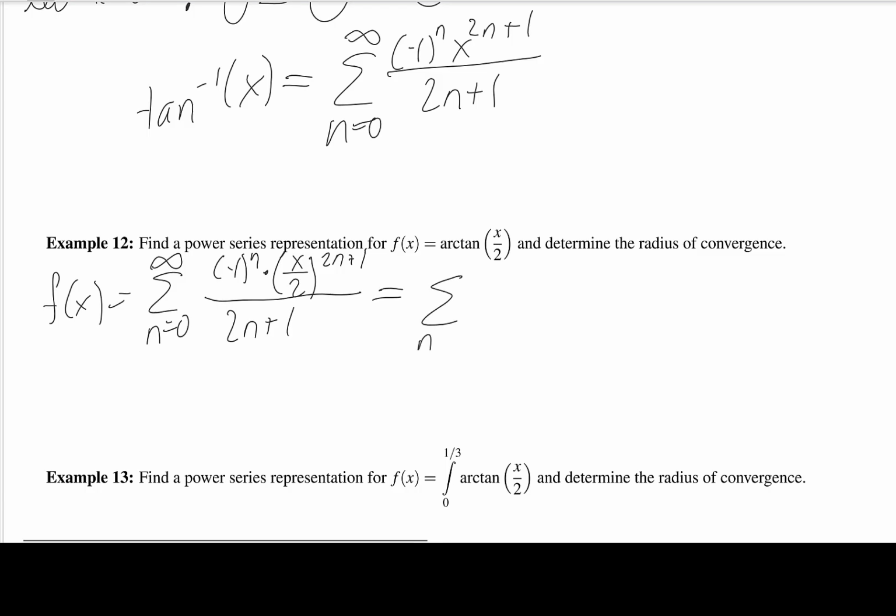So this is the sum from n equals 0 to infinity, negative 1 to the n, x to the 2n plus 1, and then on bottom, we'll have 2n plus 1 times 2 to the 2n plus 1. Okay, so there's my power series representation for example 12.